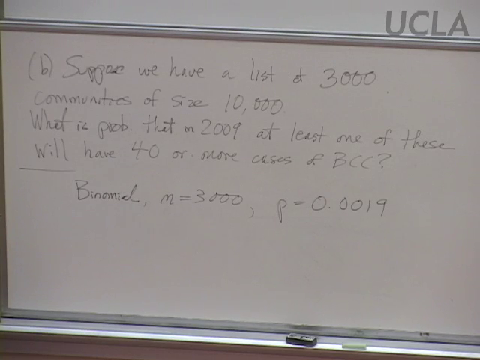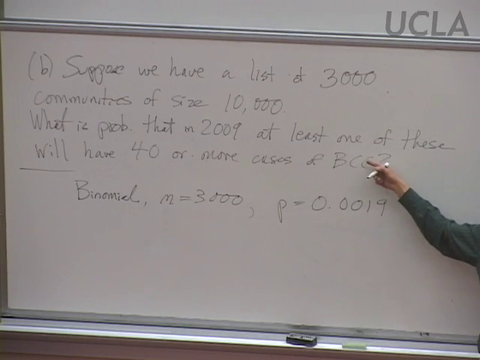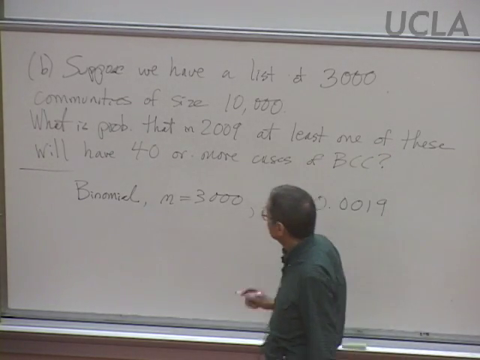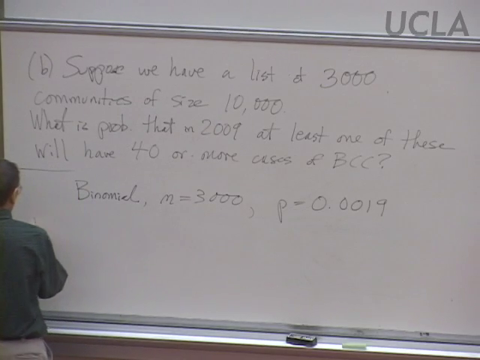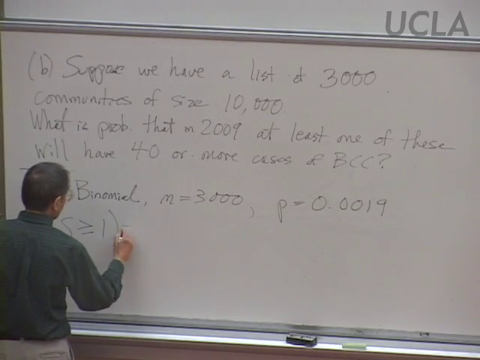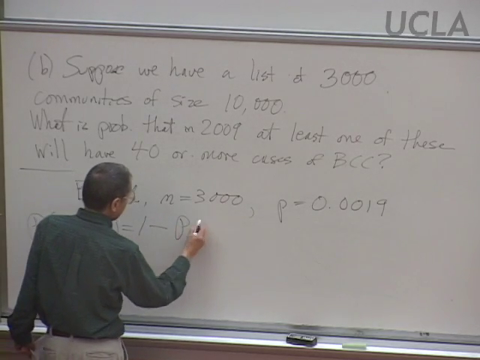So the probability of getting at least one success, that there's at least one community that's going to have a whole cluster of cases. Well, let's look at the complement.